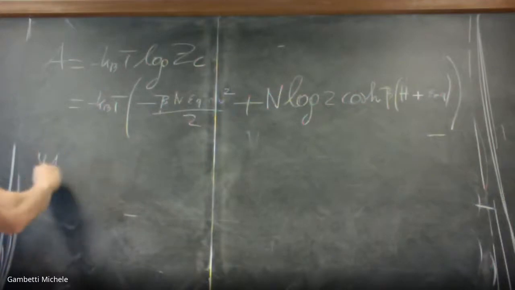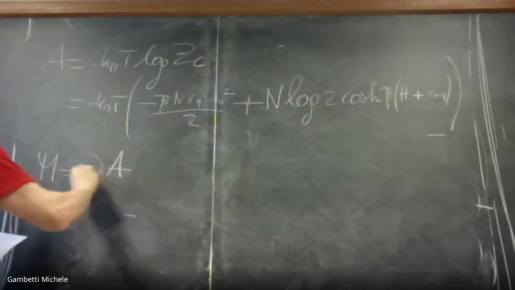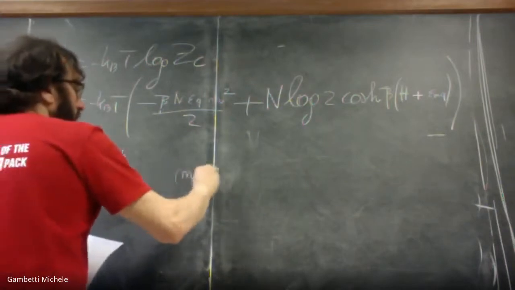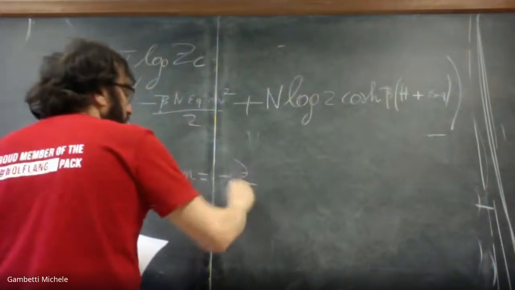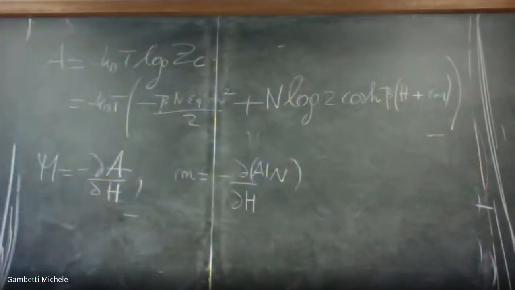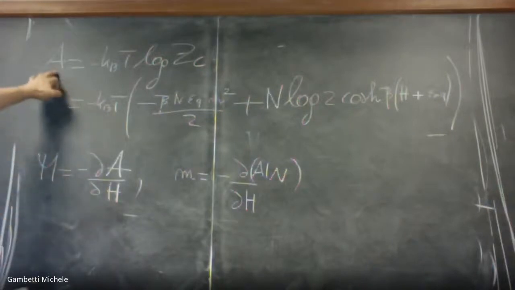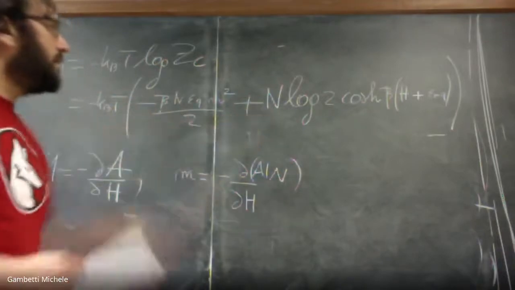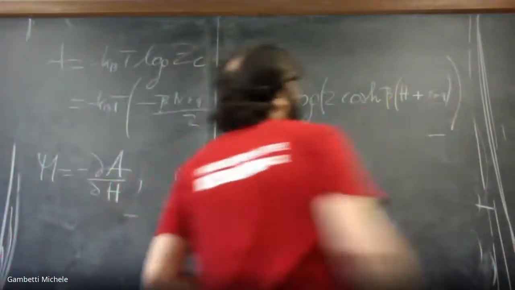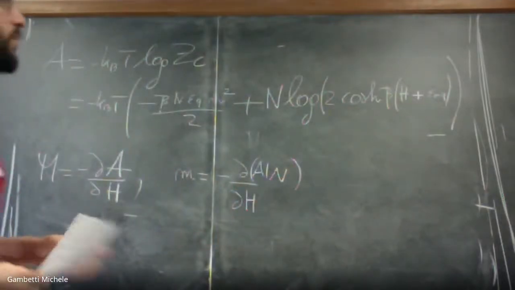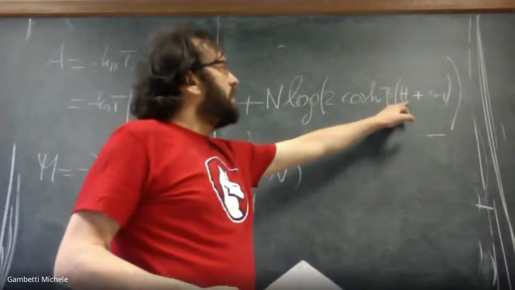Remember that the magnetization was minus the derivative of A with respect to H, and the magnetization per particle at this point is minus the derivative with respect to H of A over N. So I can divide by n, and I can derive with respect to h. And let me see, where is the h? H is only there, okay?